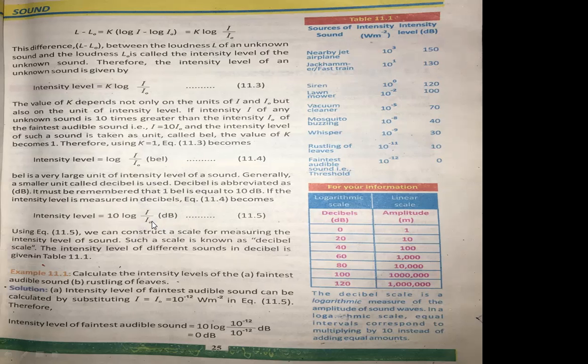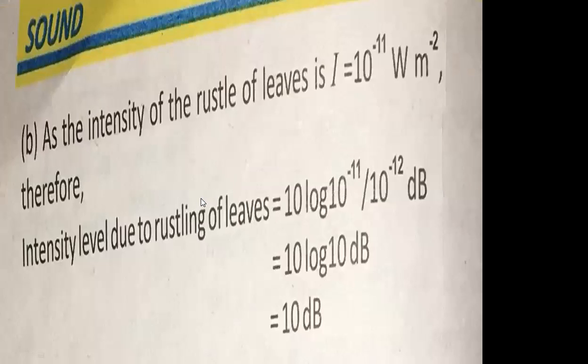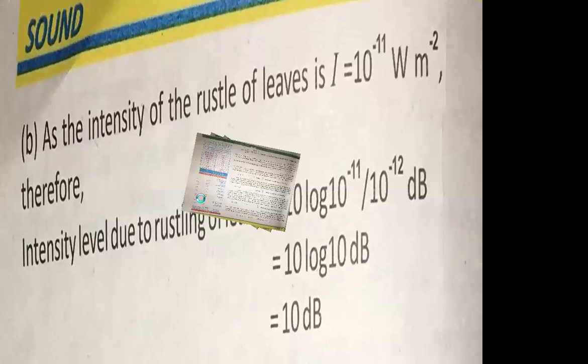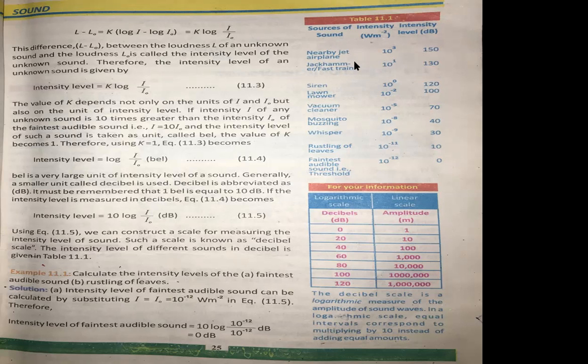I will use this numerically. I discussed table 11.1, and I told you that table 11.1 is important. I solved example 11.1: calculate the intensity level of the faintest audible sound.